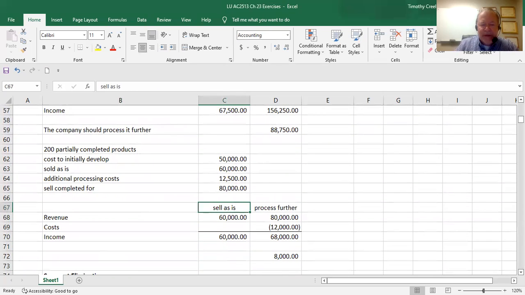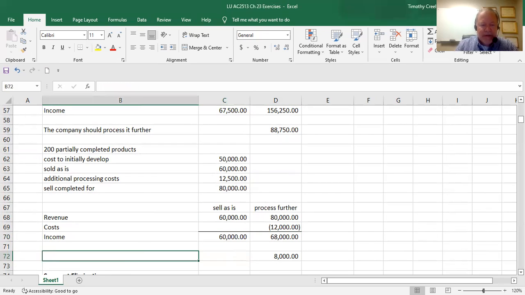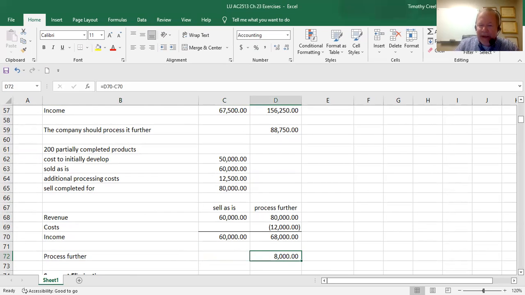If they sell as is, they'll sell it for 60,000. If they process further, they'll sell it for 80,000. They have no additional cost if they sell as is, 12,000 if they process further. So they will make 68,000 if they process further, 60,000 if they sell as is. So they should process further because they will make an additional $8,000.